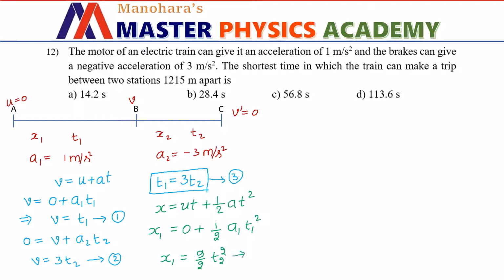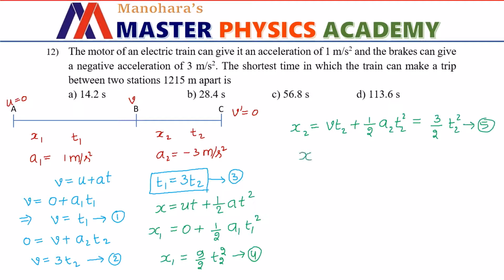Call this equation number 4. For the second part of the motion, we have x2 equals v t2 plus half a2 t2 squared. Substituting and simplifying, we will get x2 equals 3 by 2 t2 squared. Call this equation number 5.